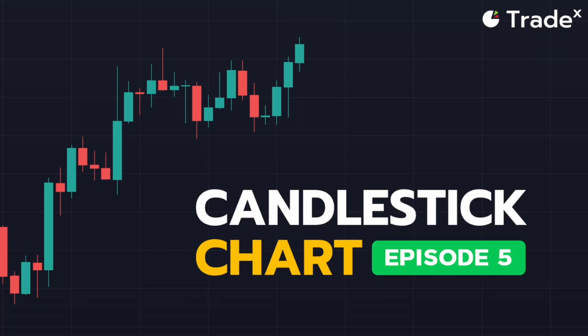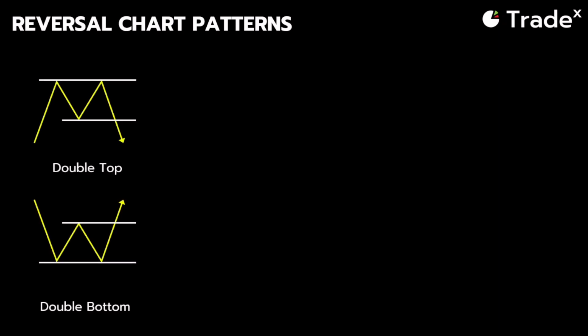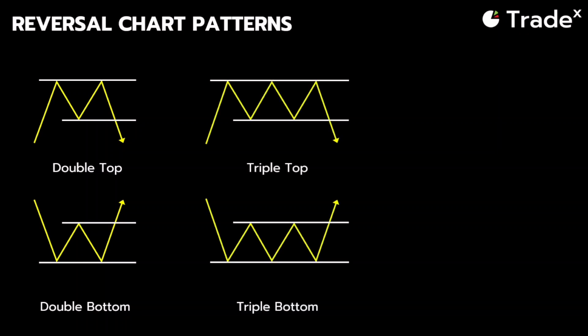In our last episode, we explored the critical role of reversal chart patterns in identifying potential trend changes in the market. We began with the double top and double bottom patterns, which act as early signals of possible trend reversals. Next, we delved into the triple top and triple bottom, analyzing how these patterns provide insights into potential market shifts.